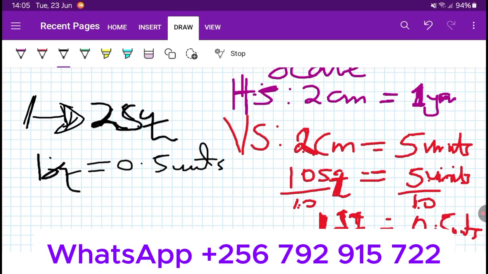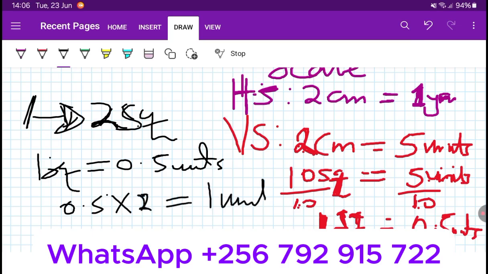Now if I want to know how many small squares I will use to plot that 1 unit, it will be the 0.5 times 2. This will give you 1 unit. Because this 0.5 is like a half, a half and a half, you get 1 unit.